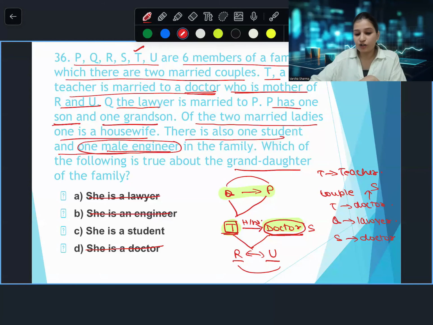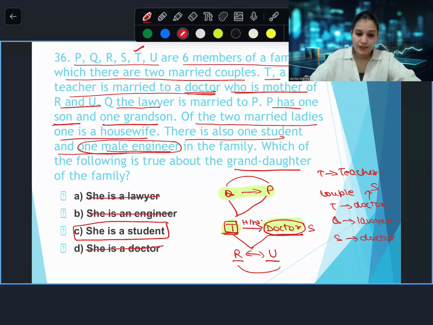That means the granddaughter will be whom? Student. I haven't even finished the diagram about the genders and everything, but we can answer this. Granddaughter will be the student. Got it. Everyone clear?